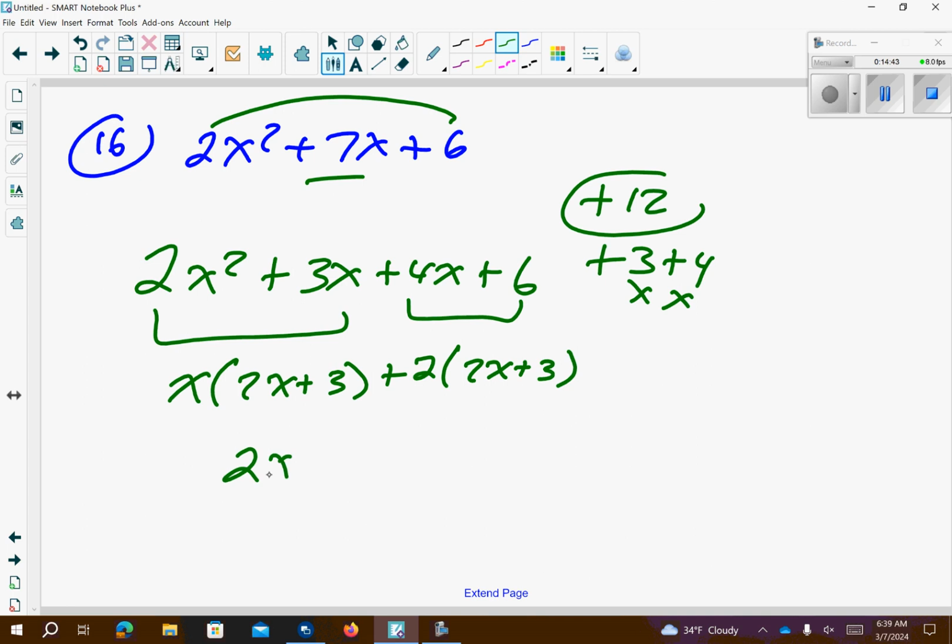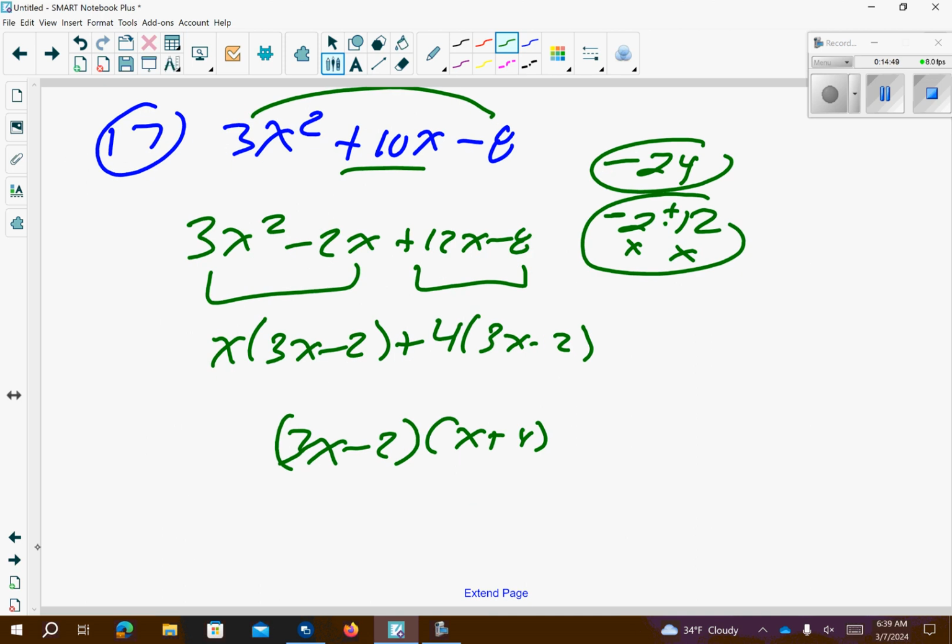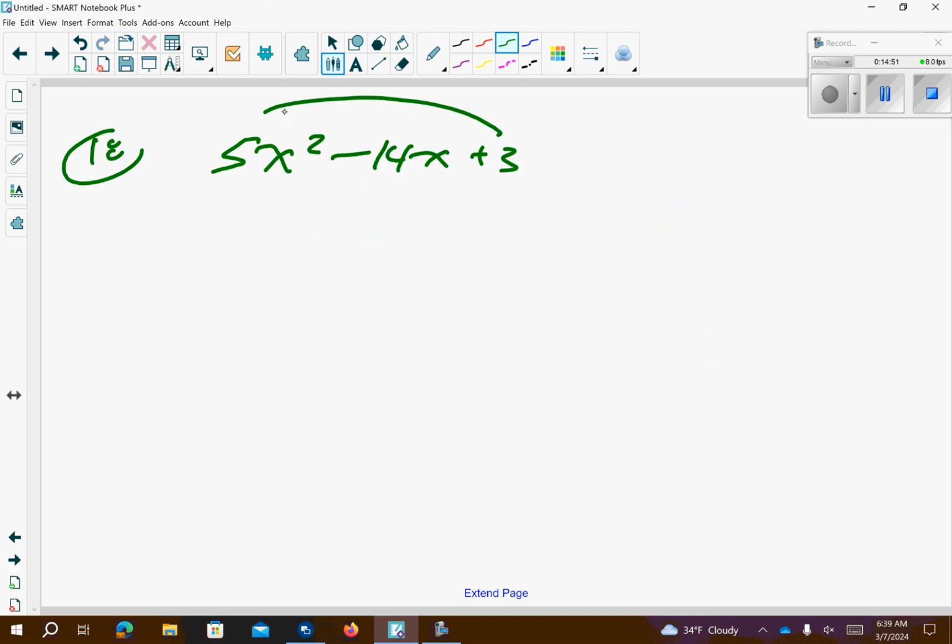I'm going to get 2x plus 3 and x plus 2 is my answer. Number 18, let's multiply those together. So I'm going to get positive 15. The factors of 15 that add up to negative 14 are going to be a positive 1 and a negative 14, or negative 15, excuse me. Let's plug those in.